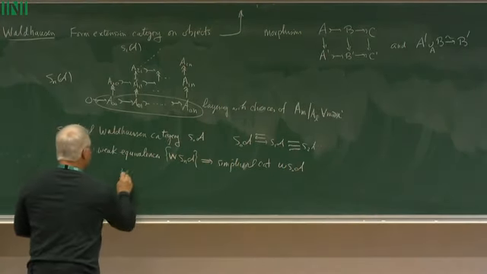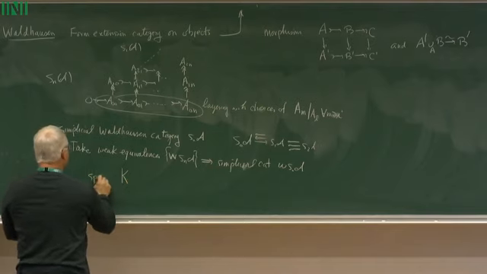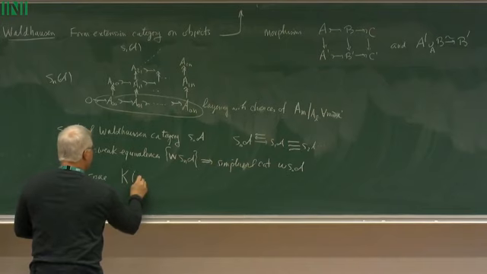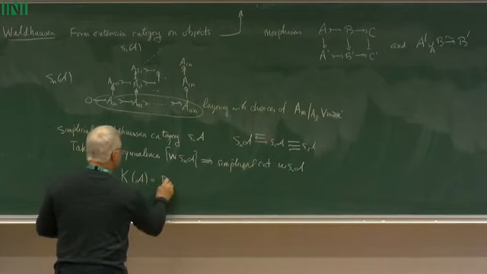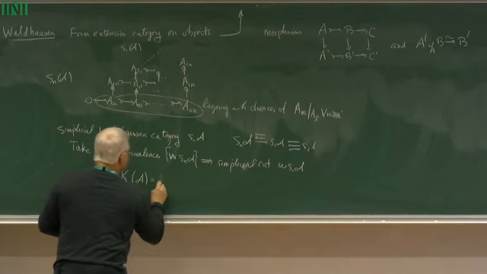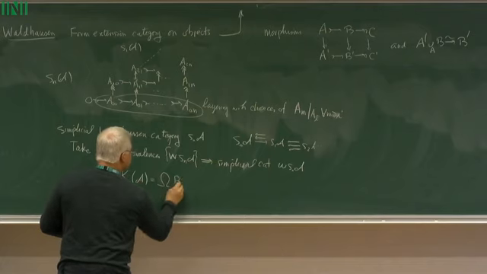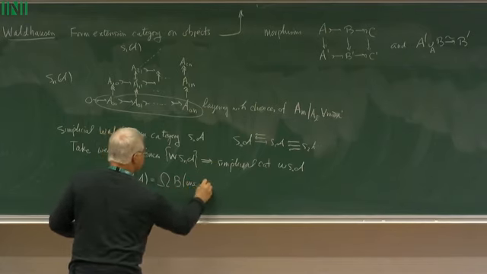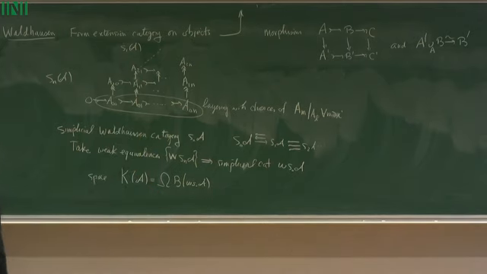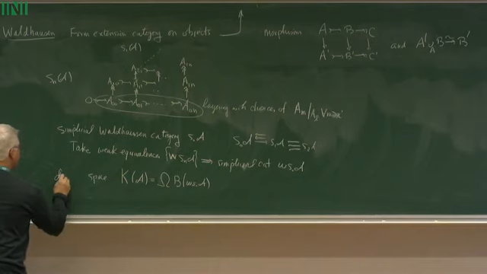And now the definition of the space. K of A is the realization, it's the loop space on the realization of the simplicial category we started off with. So here's the definition.